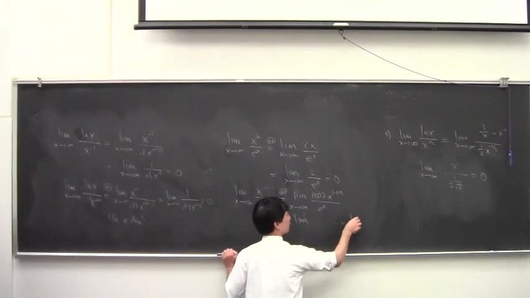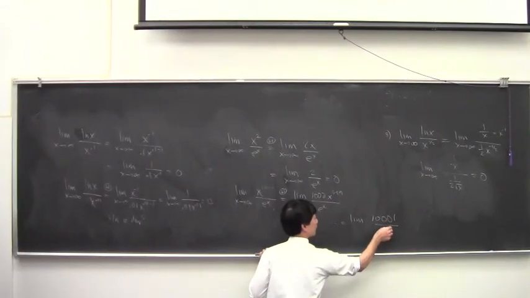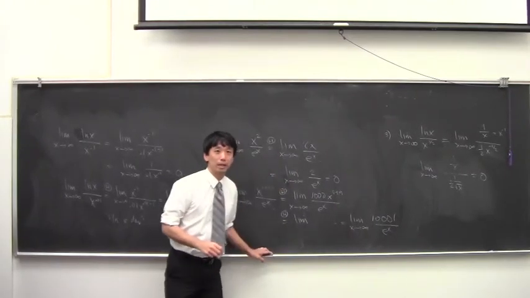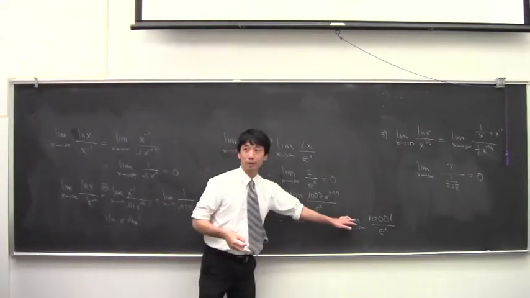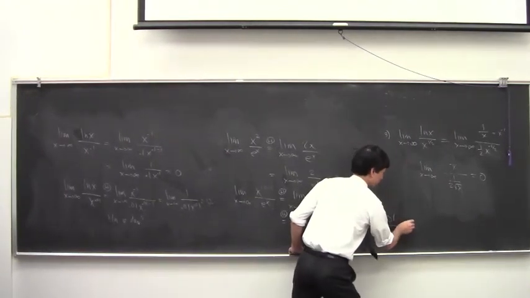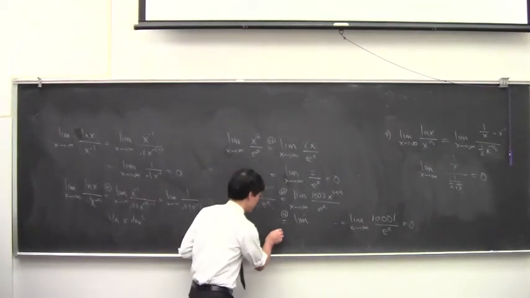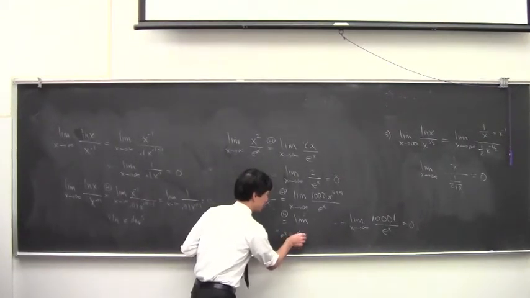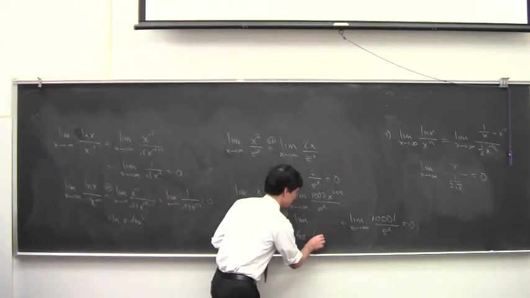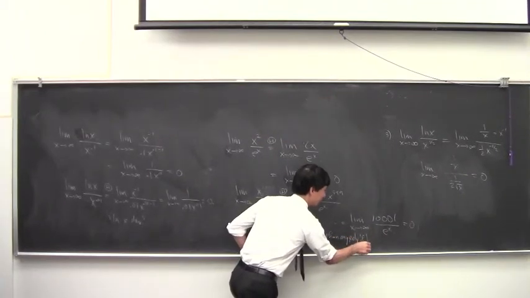You get 1,000 factorial on the top, which is just some number, and e to the x on the bottom. As x goes to infinity, you get 0. So what you're saying here is e to the x is faster than any polynomial.